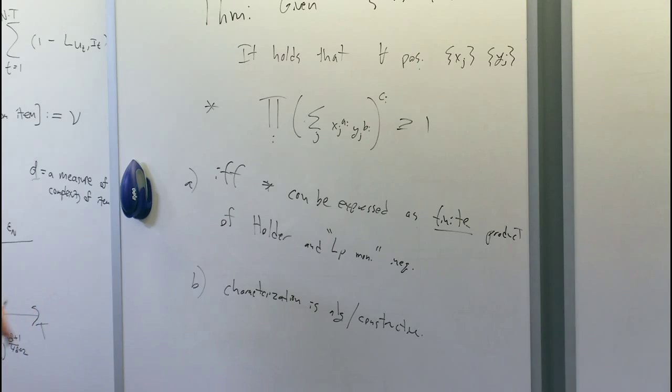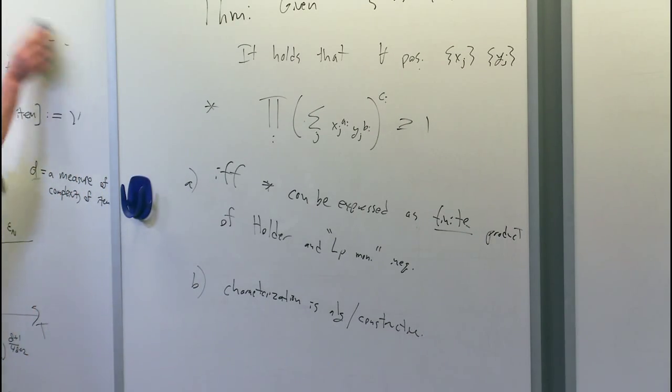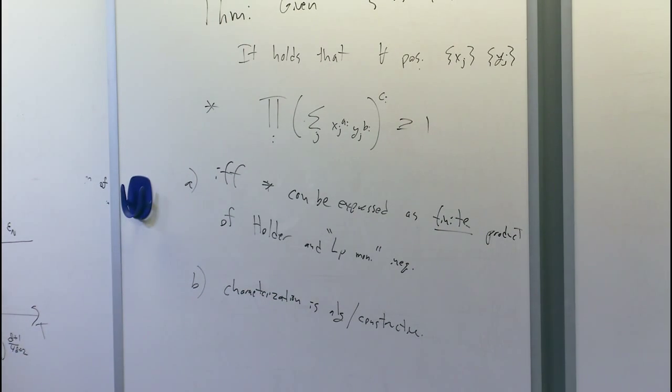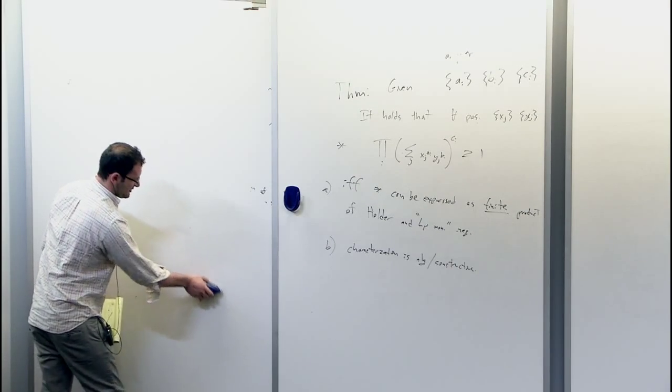Okay, so I'll write it here. What's Holder's inequality? What are these LP monotonicity inequalities? I'm just going to write them here because we're going to refer to them.